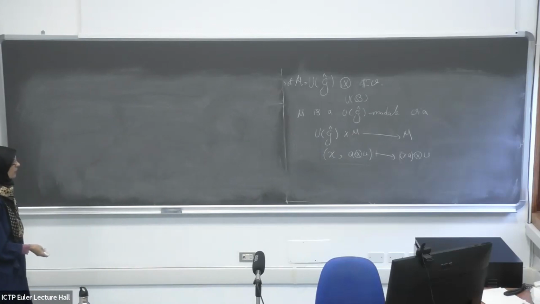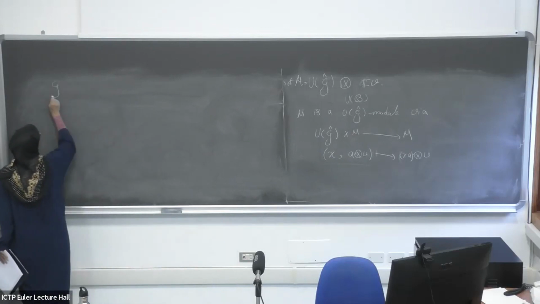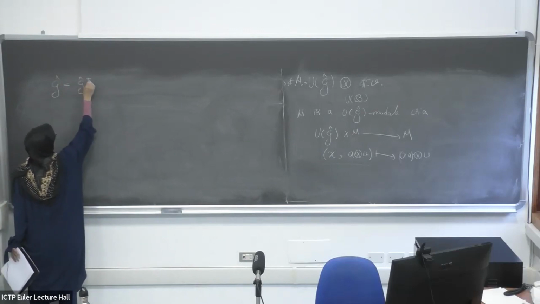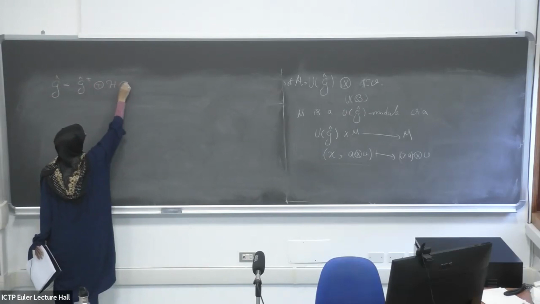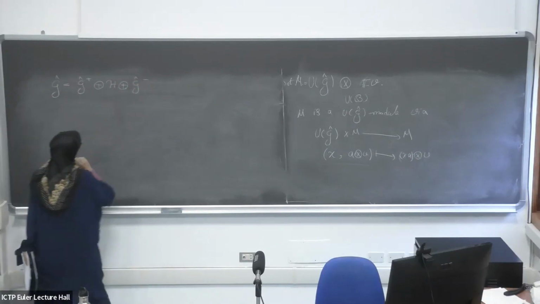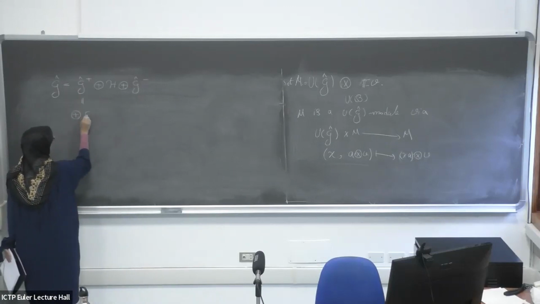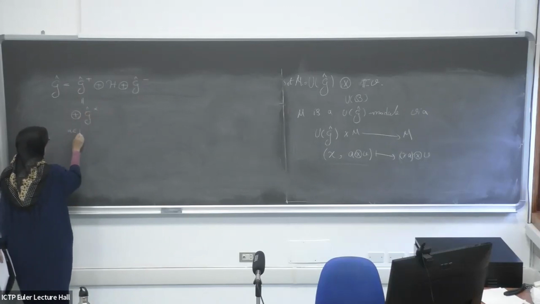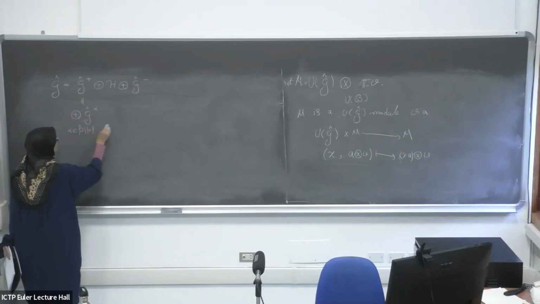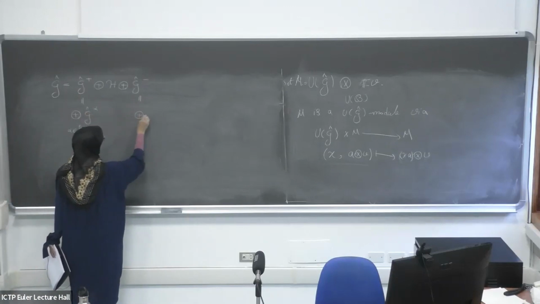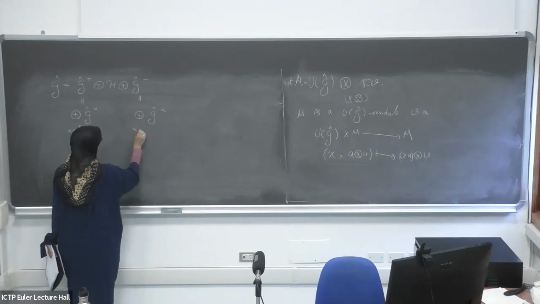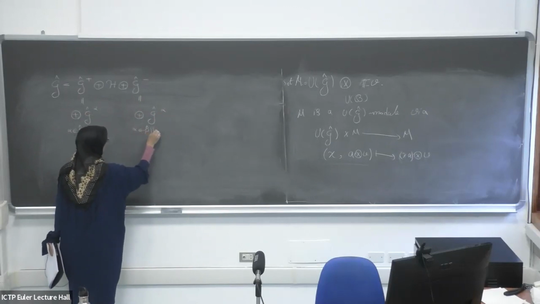Let's look at it again. What we have. G hat is G hat plus direct sum H, direct sum G hat minus, and G hat plus is direct sum G hat alpha when alpha is an element of P hat minus 0, and G hat minus is direct sum G hat alpha when alpha is an element of minus P hat minus 0.